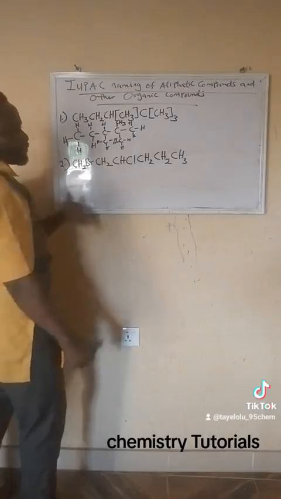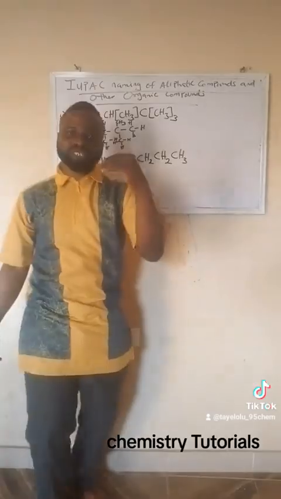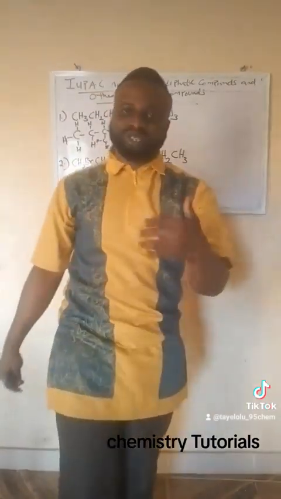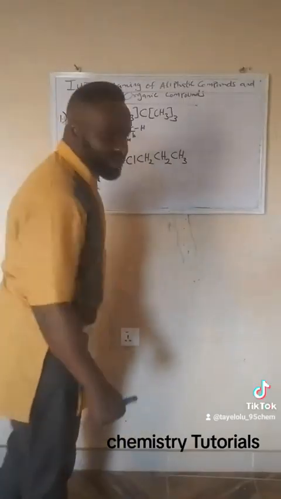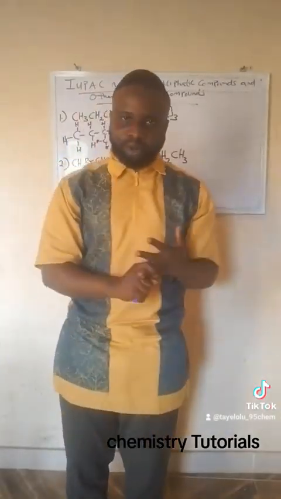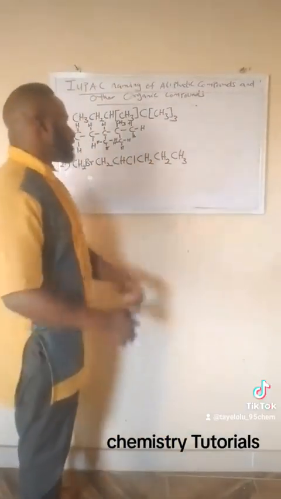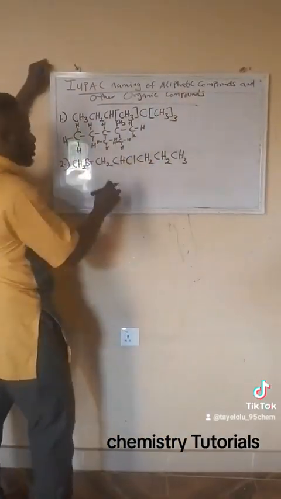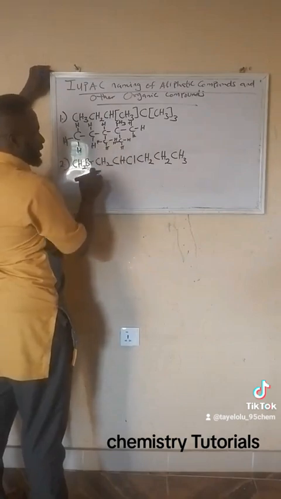So I have to count from an end, assign numbers to the carbons on the longest continuous carbon chain. That's rule number 2 now. Such that it will give the lowest number count to either a functional group, a multiple bond, or a substituent attached. In this case now, my focus is the substituent attached.